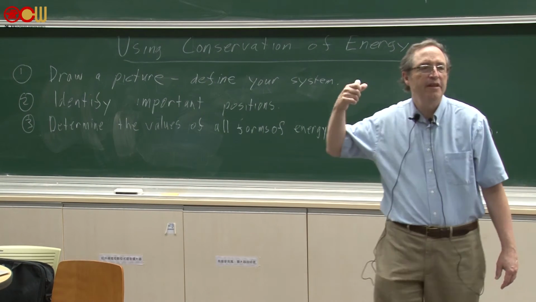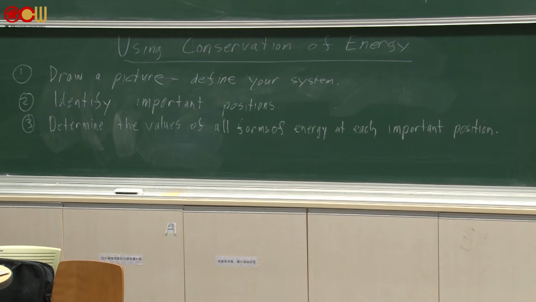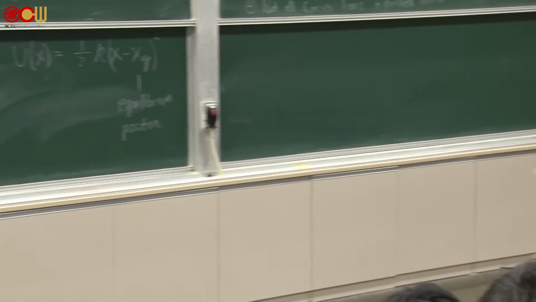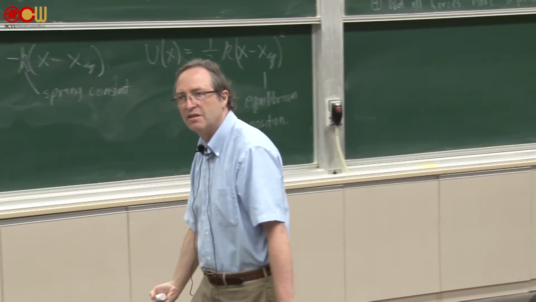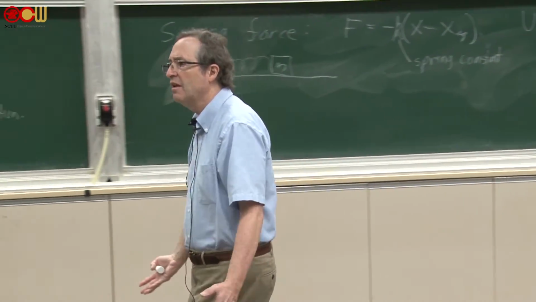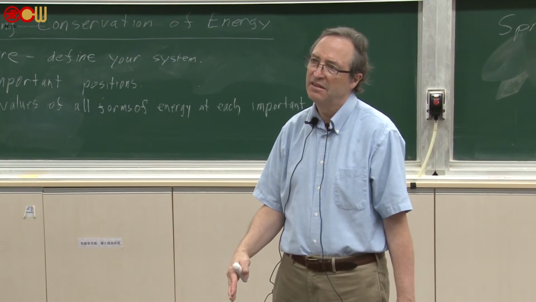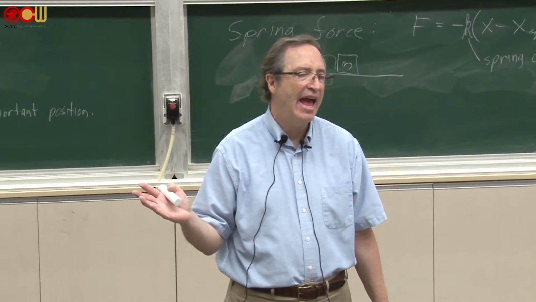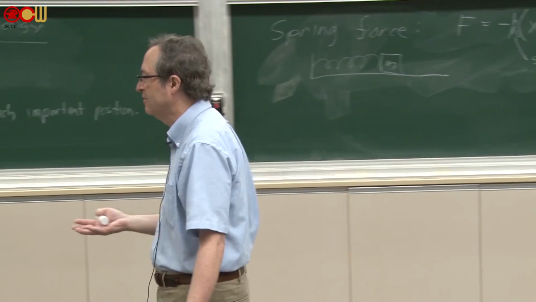So I determine the kinetic energy. I determine the potential energy. If there's more than one kind of potential energy, I determine the potential energy for each kind. And I do that at each position. In addition, if there's energy lost or gained, I have to indicate that. So if friction or something else has added or subtracted energy, I have to consider that as well.